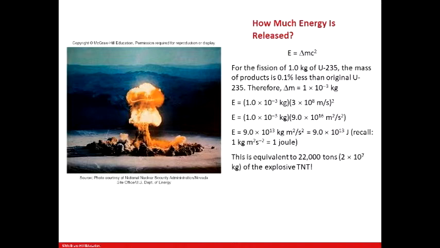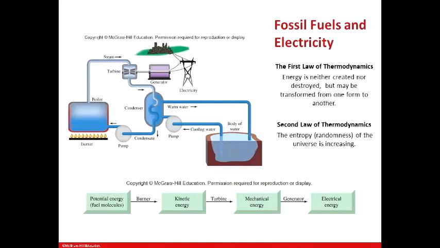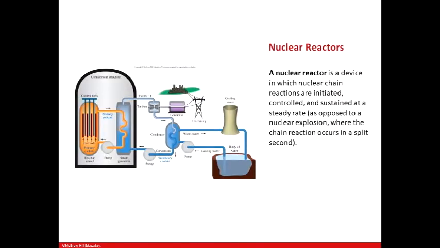That brings us to looking at nuclear power plants. In chapter 5, we talked about power plants. This particular slide is the same power plant, except that, notice here on the left side, we changed the burner.